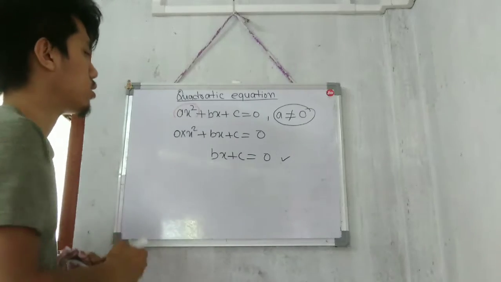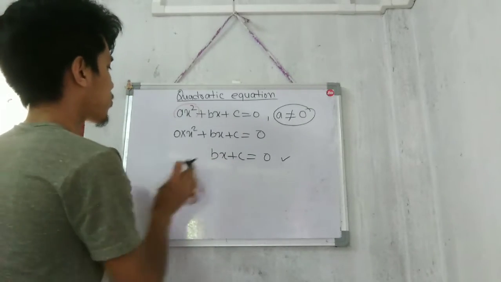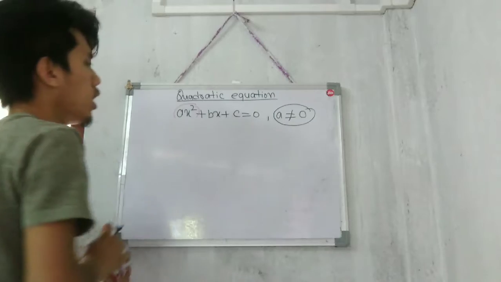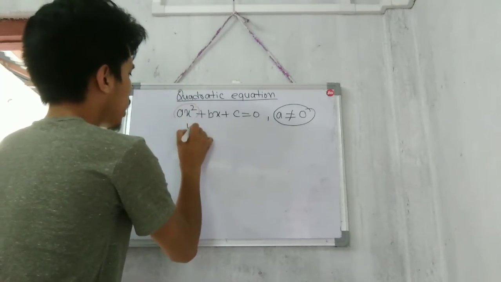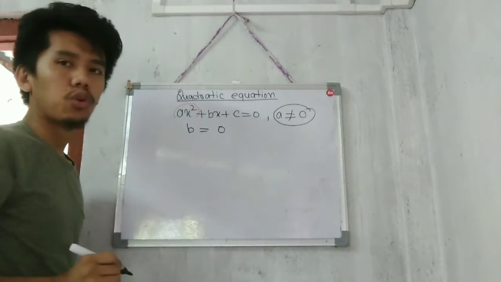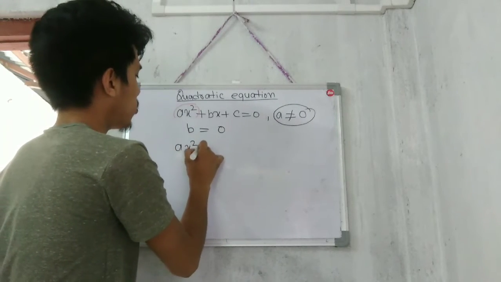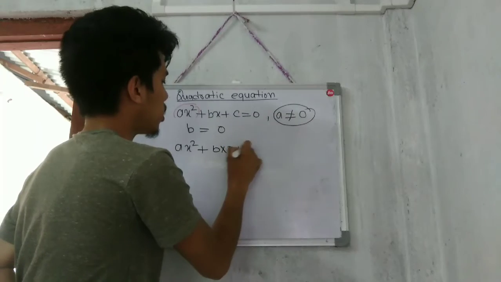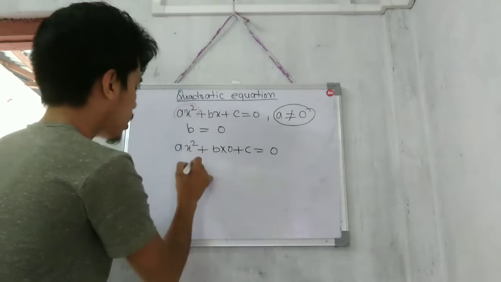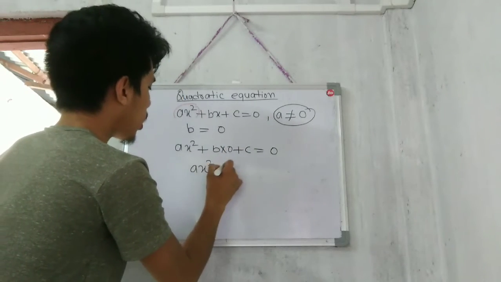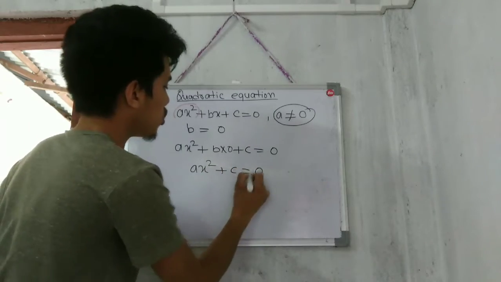Let me show you. If we allow b to be 0, let's put the value here. So it is ax square plus b into 0 plus c equal to 0. In the end, we will get ax square plus c equal to 0.